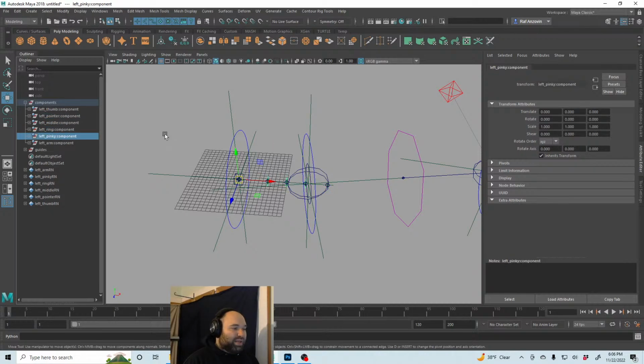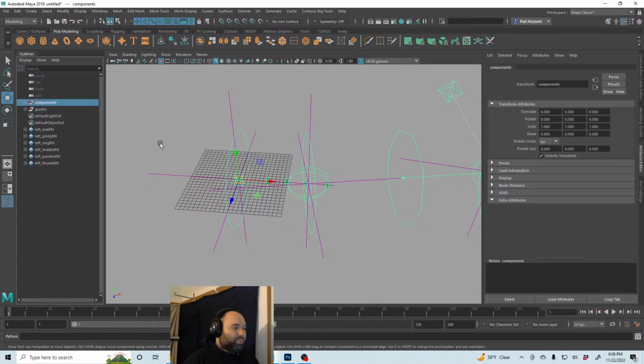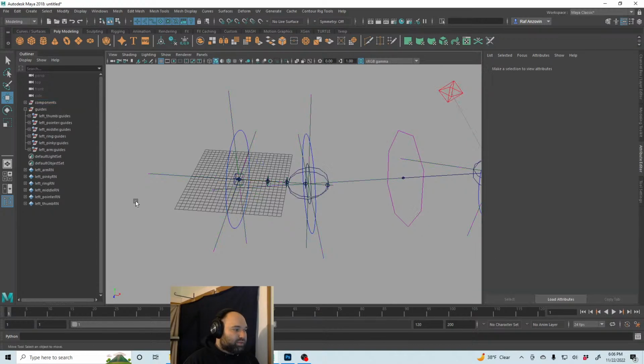They don't need to be organized in any other way, so I'm just going to put them in a components folder, as it were, quote unquote. Not really a folder; it's a questionable way to do things. And I'm not going to move them around in any way at all. All I'm going to move are the guides, which specifically are the bases of the guides.